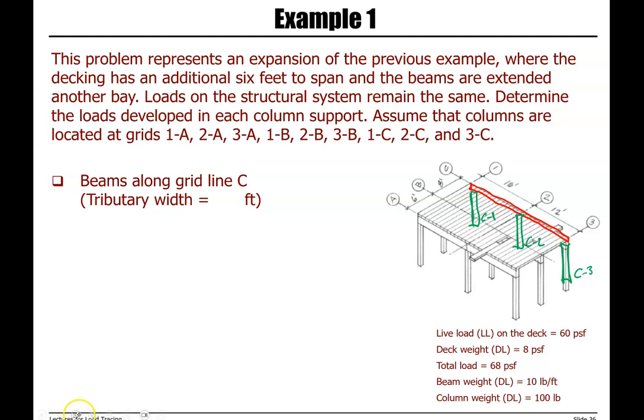So beams along grid line C, these two beams along grid line C, they have one adjacent member, beams along grid line B, and half of the distance between B and C is 4 feet.